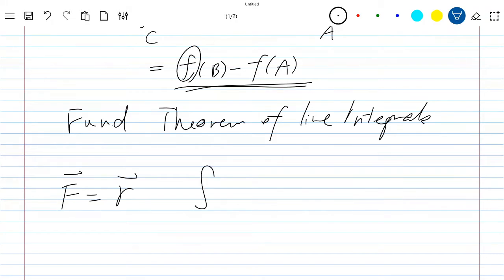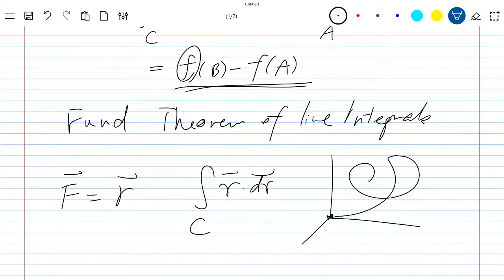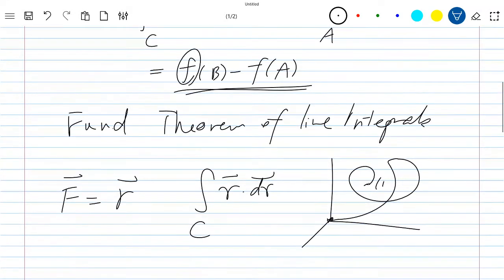Say I want to integrate r along a very complicated curve. Let's say we can make it even 3D. Say this is (1, 1, 1). This is the origin. So we have a very, very complicated curve.